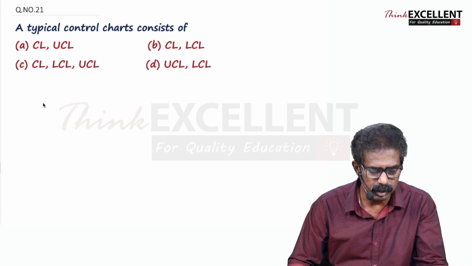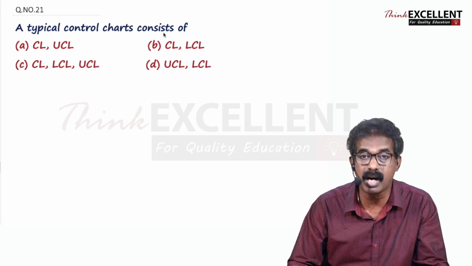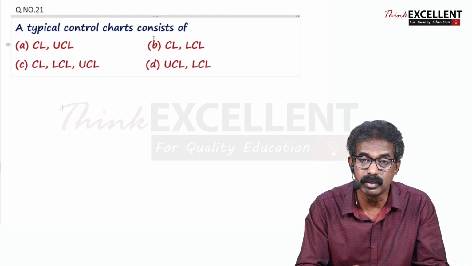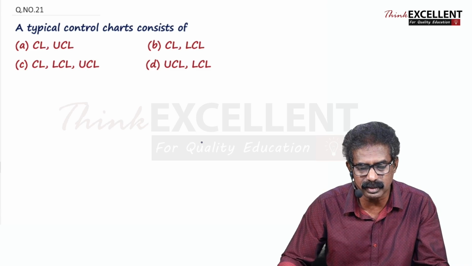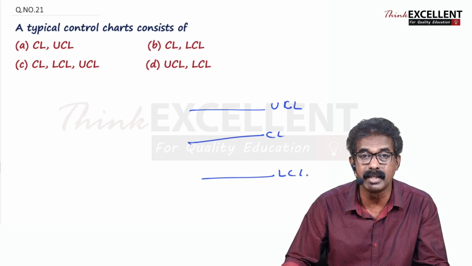Next, question number 21. A typical control chart consists of three things. You would have drawn control charts, X bar chart, R chart. We draw the center line, CL, then the upper control limit or upper control line, UCL, and LCL, the lower control line.